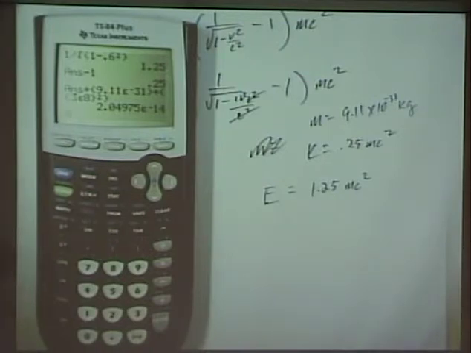Now, if you'd have taken that electron volt value and multiplied it by 1.6 times 10 to the negative 19, you would have gotten the joules. And then basically add mc squared to that for that little bitty photon.